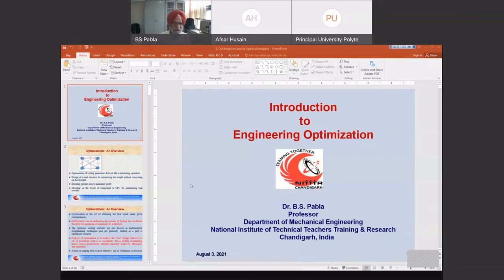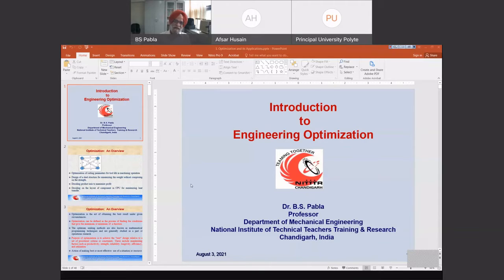It is not that optimization is used only in engineering. In all other fields, in our homes, we do optimization. A dietitian does optimization. A professor in economics, an economist, does optimization.